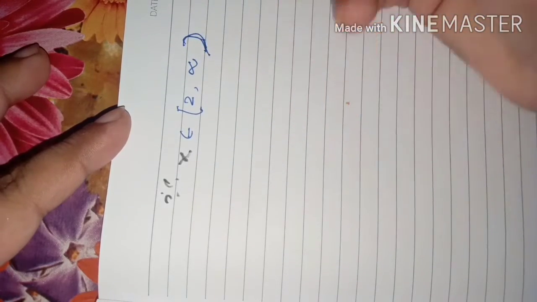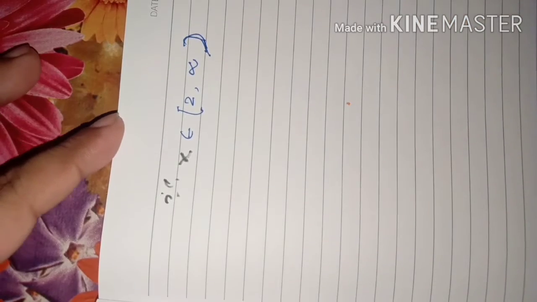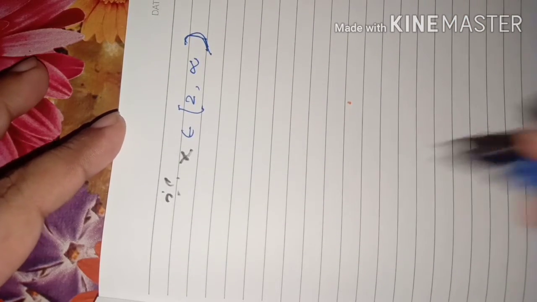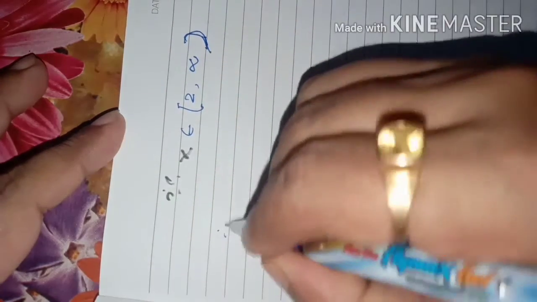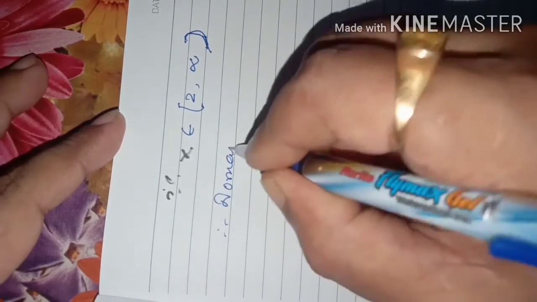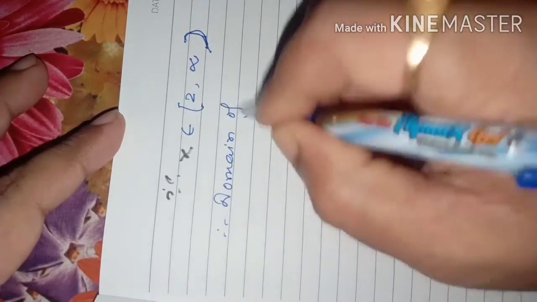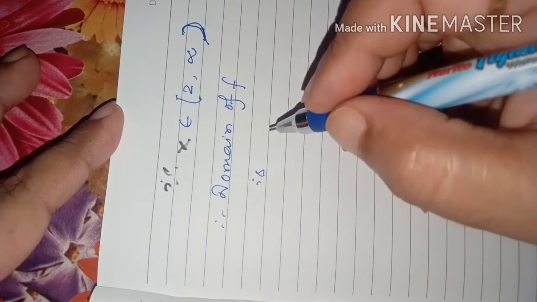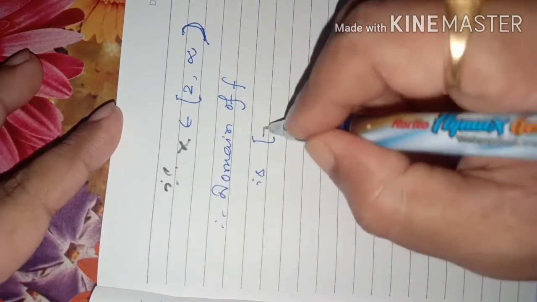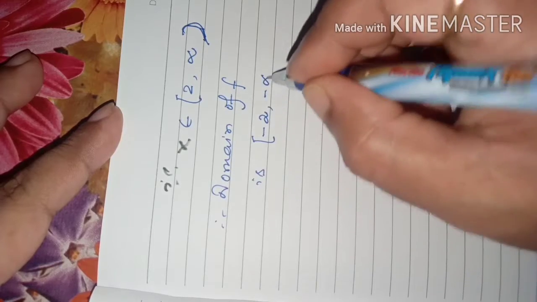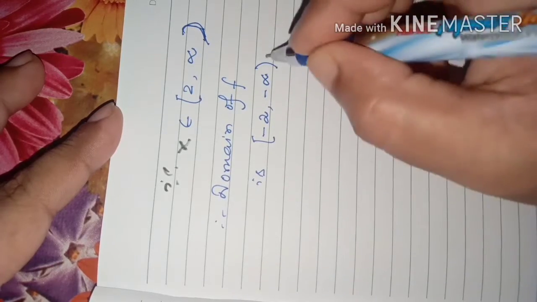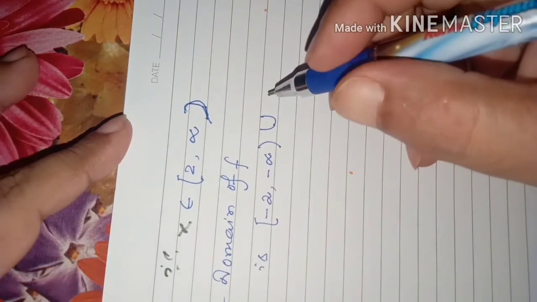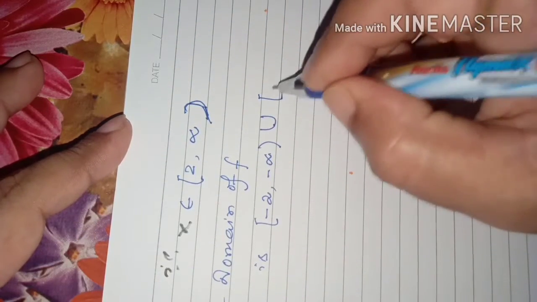So now you see, students, we have got two sets of values which will be in the domain. Therefore the domain of f is one set of values that we got previously, that is minus infinity to -2, and you take the union with another set of values, +2 to infinity.